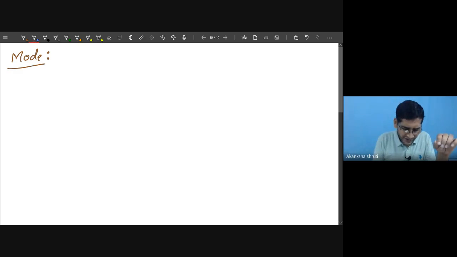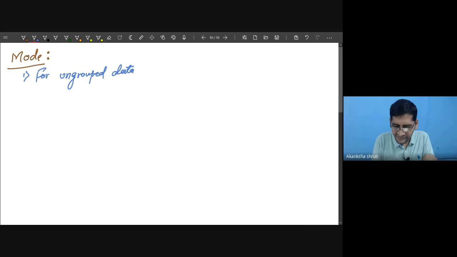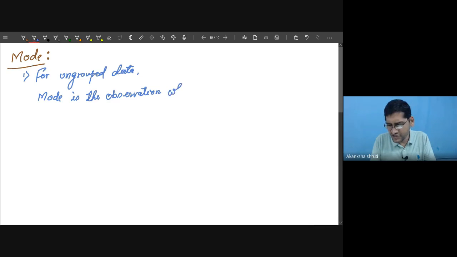So, mode for ungrouped data. For ungrouped data, mode is the observation which occurs most frequently, or the most frequently occurring observation is called the mode.